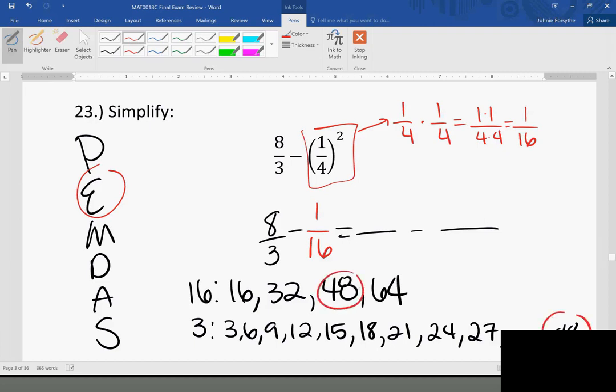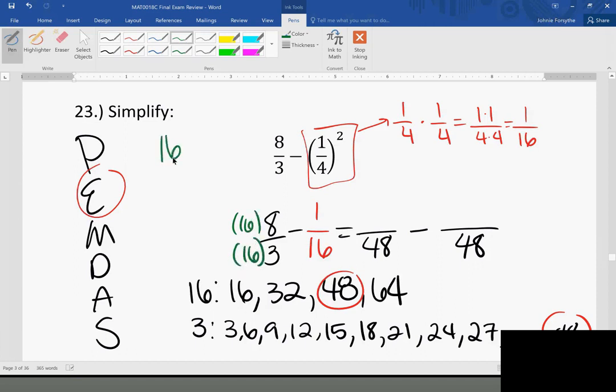And to be honest with you, again, if you couldn't think of a least common denominator, you could just multiply the denominators together to get a common denominator. So if I want to use 48 as my common denominator, I'm going to multiply the first fraction by 16 to top and bottom.